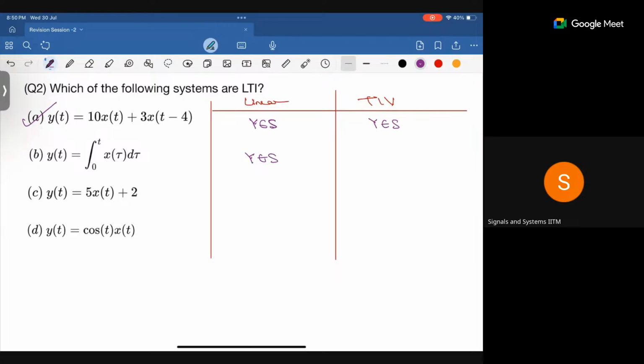Some say no, some say yes. So observe. See, that is what I said. You just take a little more time.